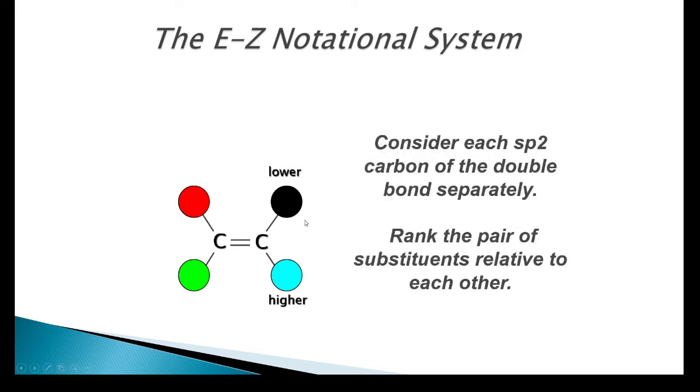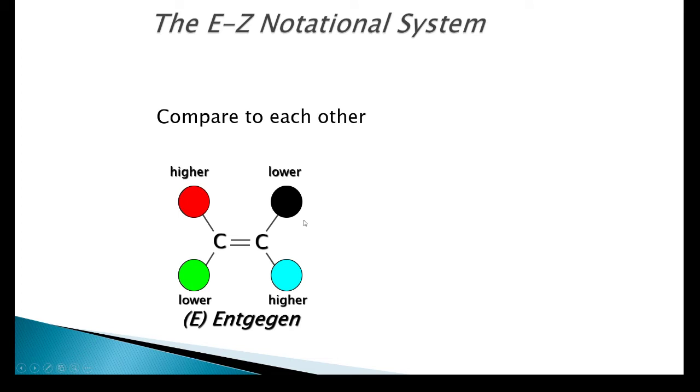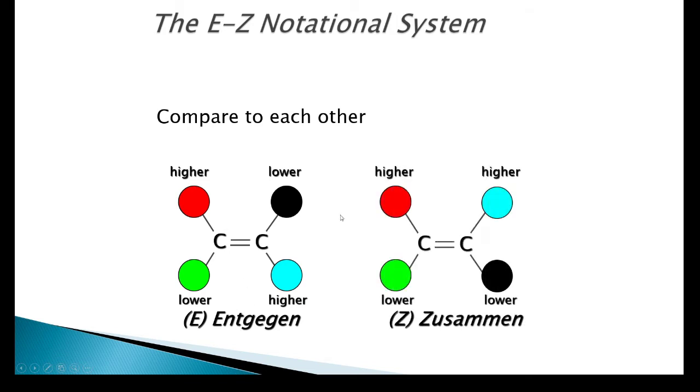And we do the same over here, higher and lower. And then we could essentially use EZ. If the two higher priorities are across, that's E. And if they're next to each other, that's Z. Entgegen and Zusammen. All right.